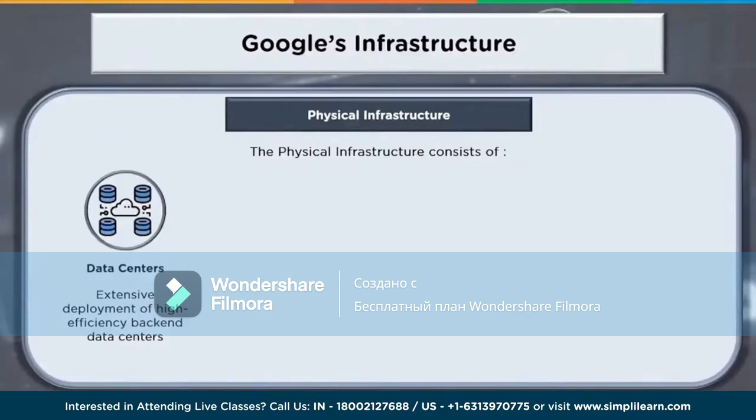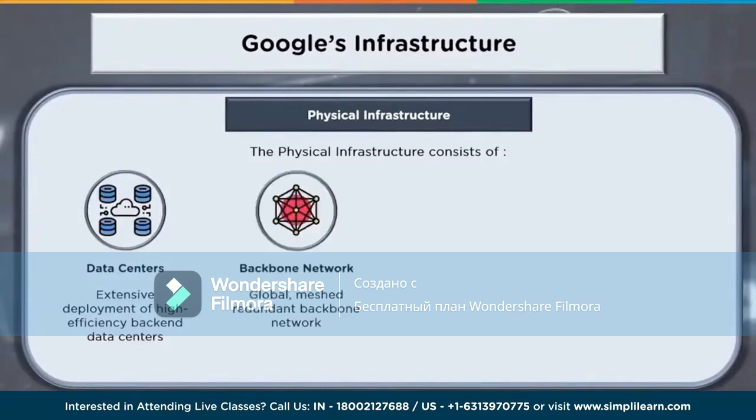Physical infrastructure consists of data centers, extensive development of high efficiency backend data centers. You have a very strong backbone network, which is used by Google itself and also offered as services to customers via GCP platform services.